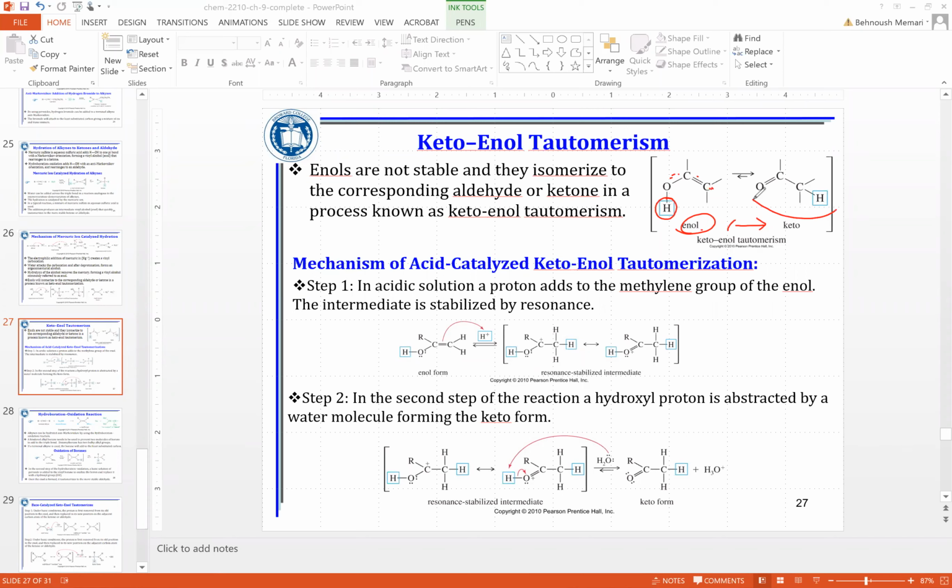In the reaction mixture that you have, like an acidic mixture, keto is more stable than the enol. And the reason for that is by experiment and by the size of the arrow sign that separates the two isomers from each other.